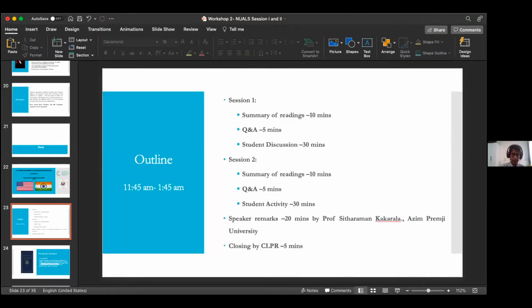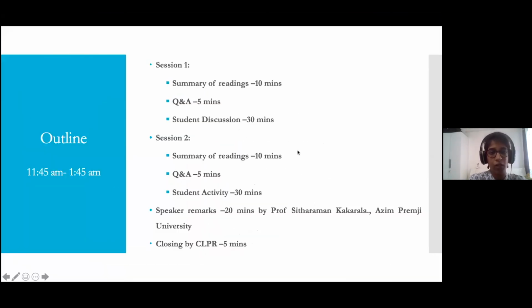Kalyani, could you share the slides? Yeah. Thank you. So in this session, we will similarly divide it into 2 parts where we will do a summary of readings for, say, 10 minutes, followed by a Q&A for 5 minutes. And then we will have a student discussion. Then we will move to reading set 2, where we'll again do a summary of readings for about 10 minutes, followed by a Q&A and the student activity.